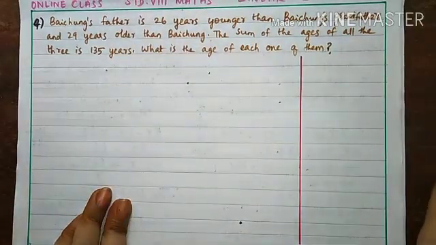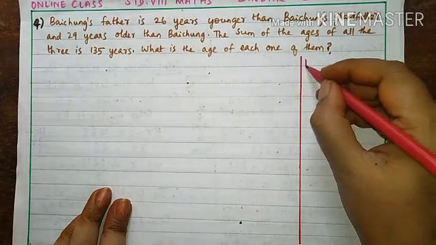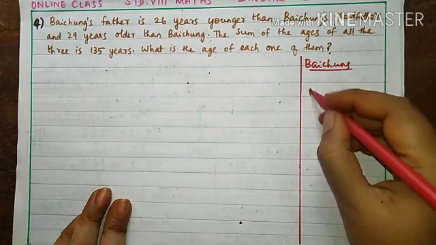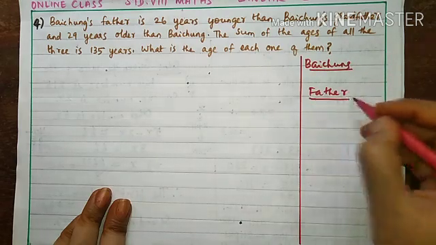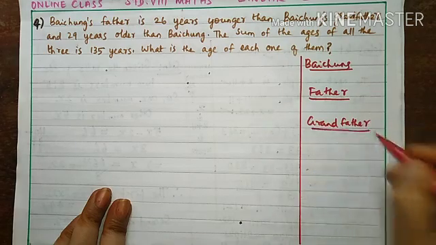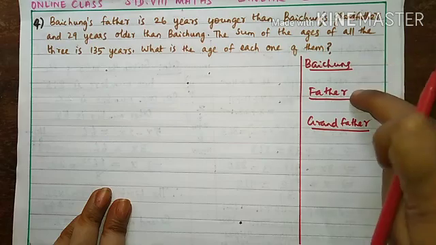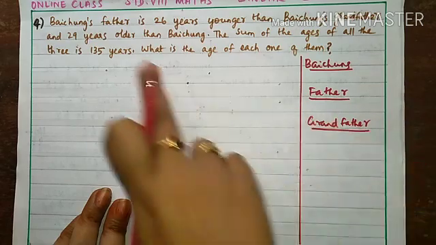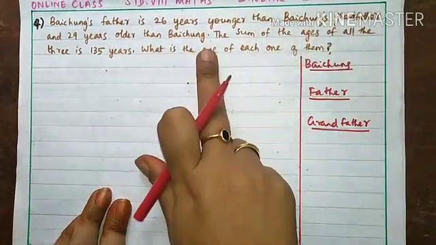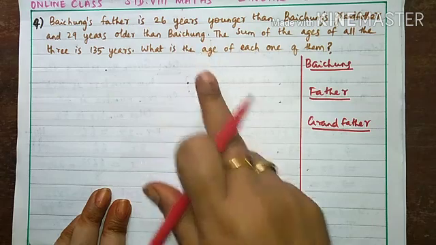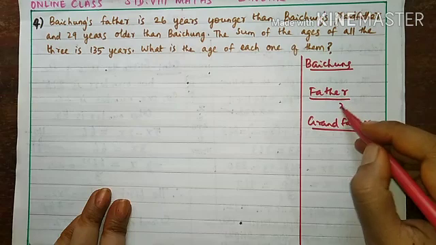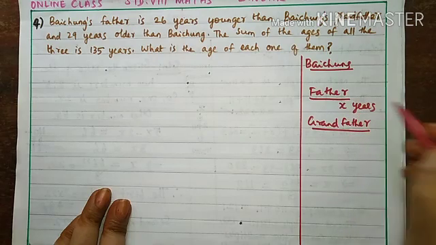Okay. So you want to understand that very carefully. Here we have three characters, that is Baichung is there, Baichung's father is there, and Baichung's grandfather is there. So three characters are here. Okay. So Baichung, father, grandfather. So here given relation is between Baichung's father and grandfather, so it is convenient to take Baichung's father's age as X years.